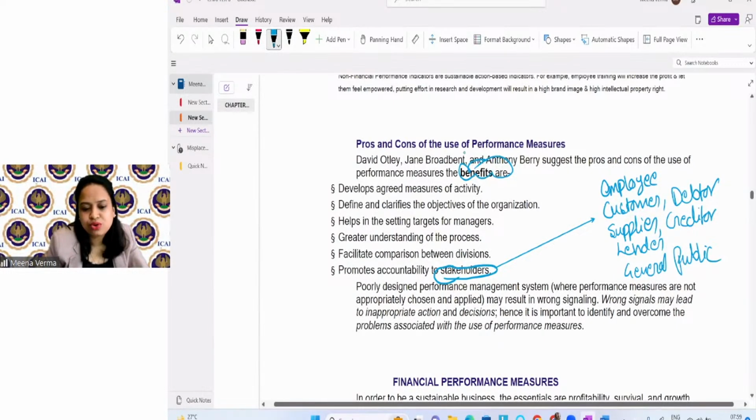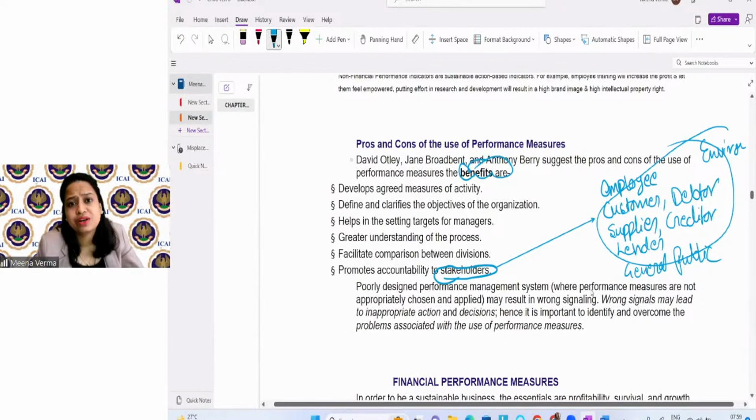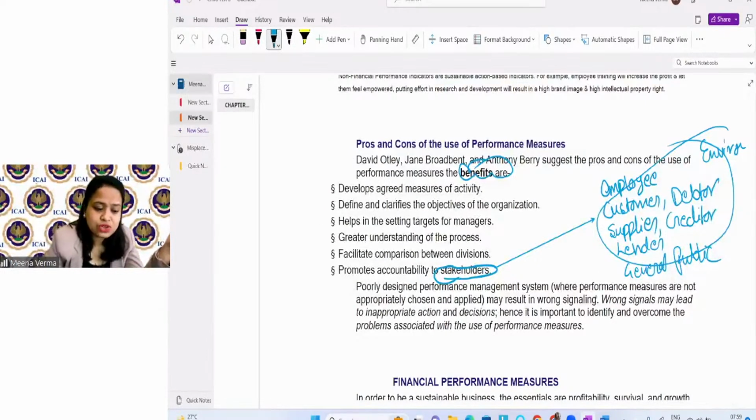We are accountable toward the environment also, right? We are accountable toward everyone, right? You can see we have included everyone. We have not left anybody out here. So the point is that we are accountable toward everyone.